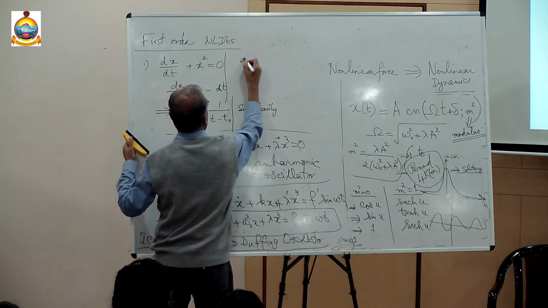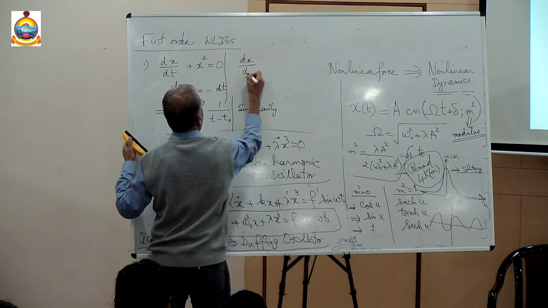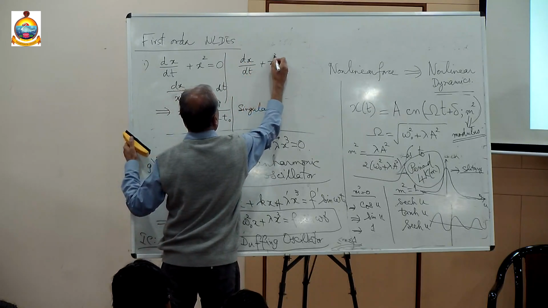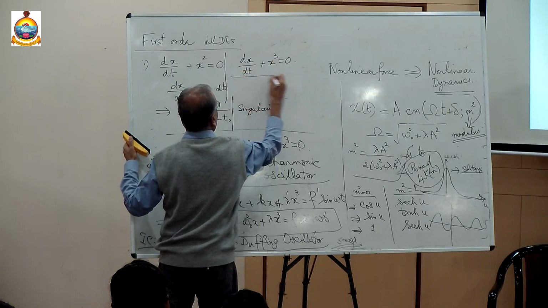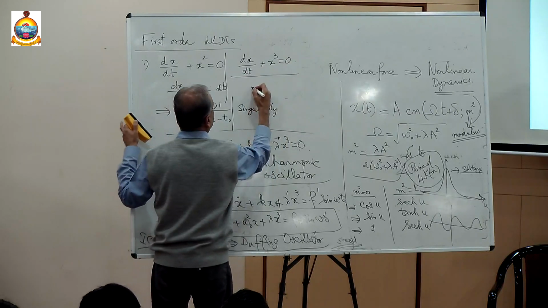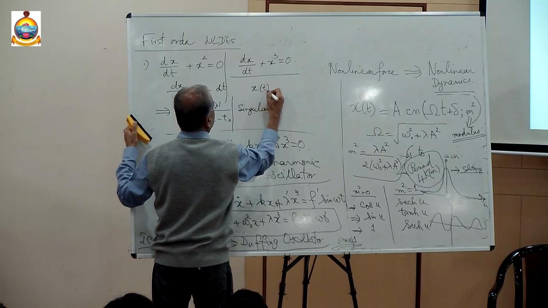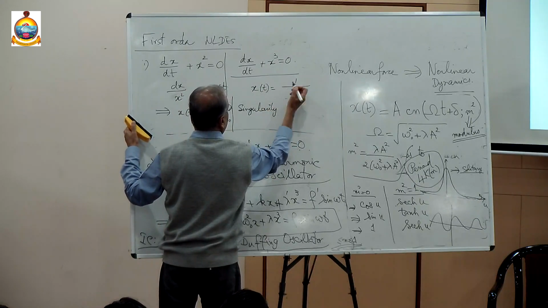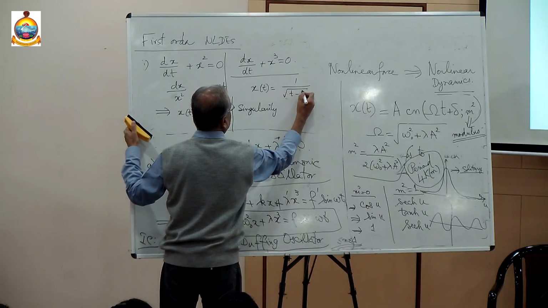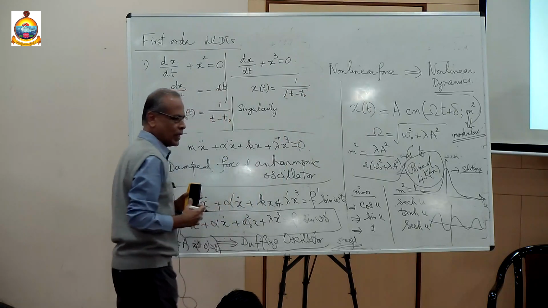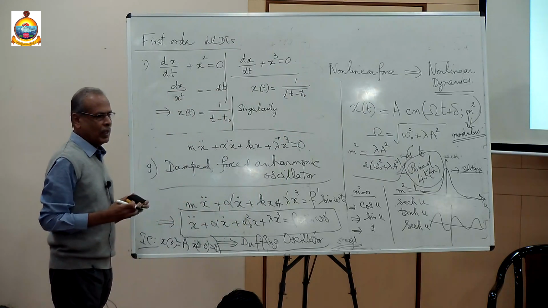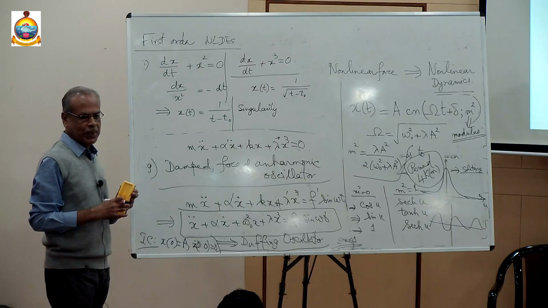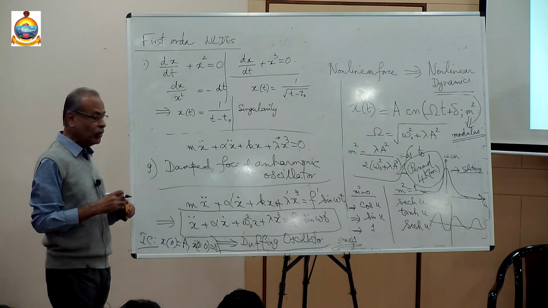Now consider dx by dt plus x cube equal to 0. You find the solution x of t is some constant times one over the square root of t minus t naught, a singular algebraic branch point, a movable algebraic branch point.